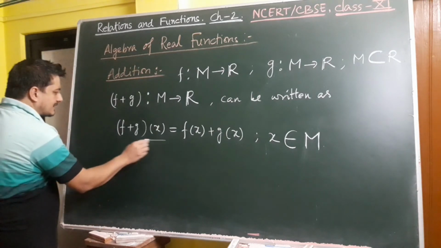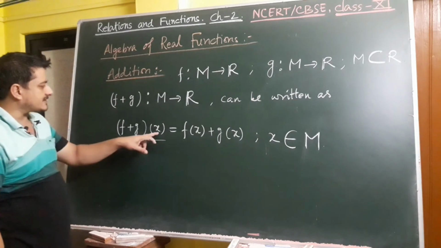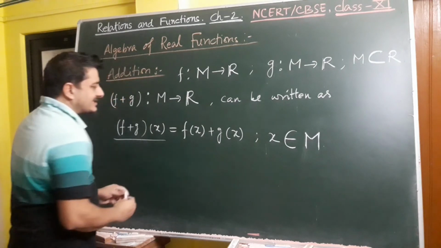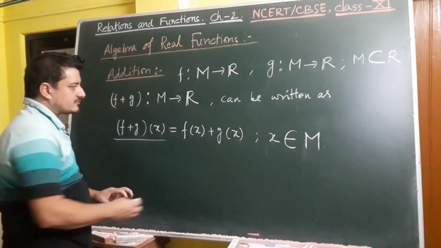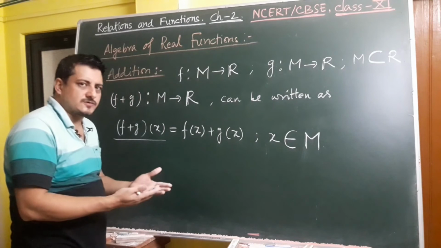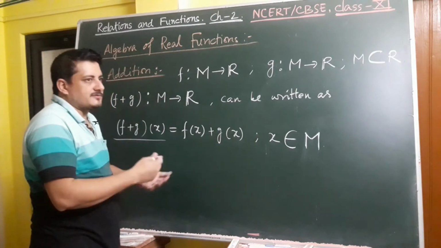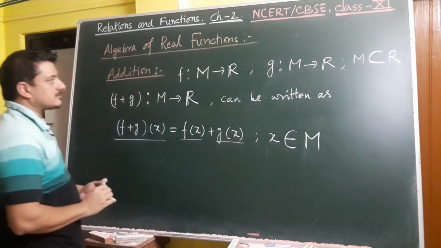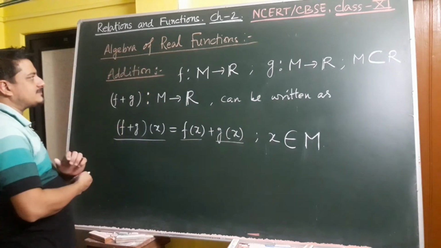So you have to look at only this part: (f + g)(x) = f(x) + g(x). What is f(x)? This is one function of x. What is g(x)? g(x) is another function of x. Both these functions have been defined.